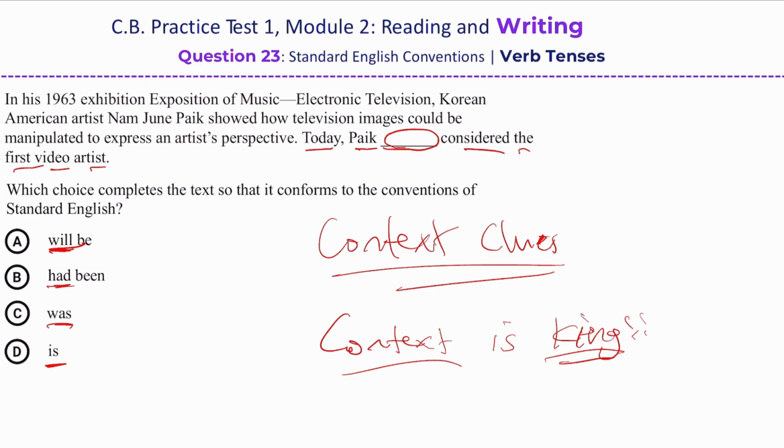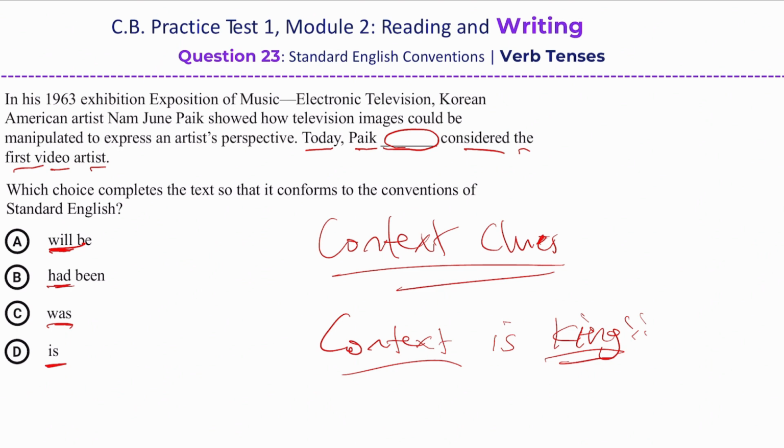If I say tomorrow, or 10 years from now, I'm referring to the future. If I say today or presently or currently, I'm referring to the present tense. So time references are the first major context clue I look for when I'm being tested on verb tenses, okay?